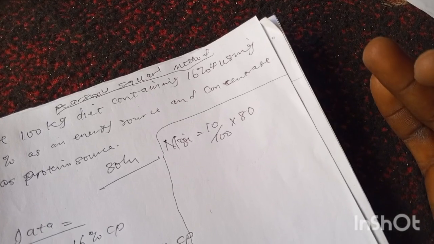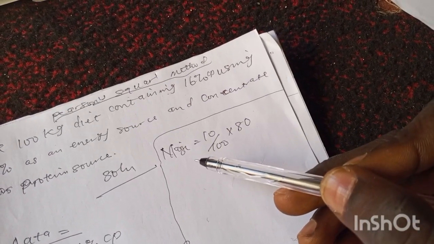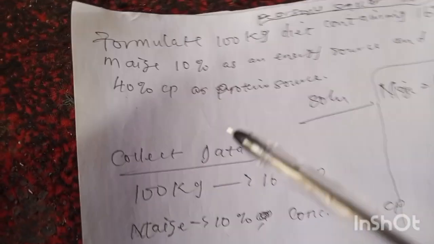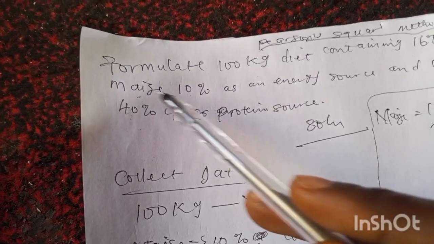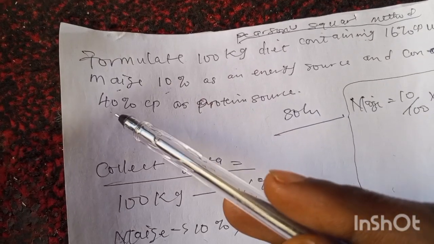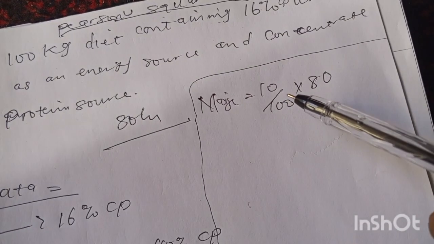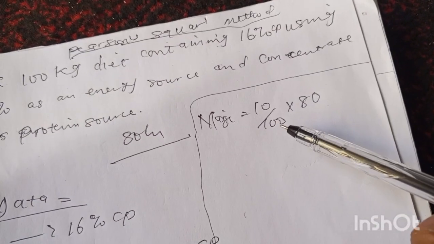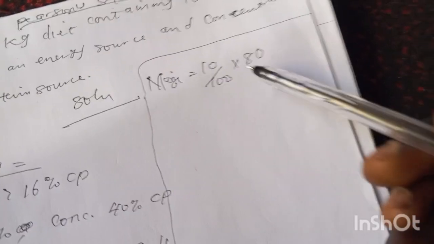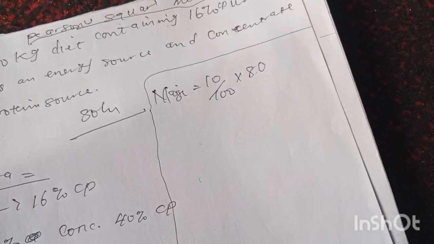Someone might say, I don't understand. Now this is the explanation. On our question there, if you can still remember, the value for maize is 10, while the value for concentrate is 40. Coming down to this place, we give maize the 10, which is the real value, over 100, which is what we are working on, times 80, which is the value that we got after calculation.